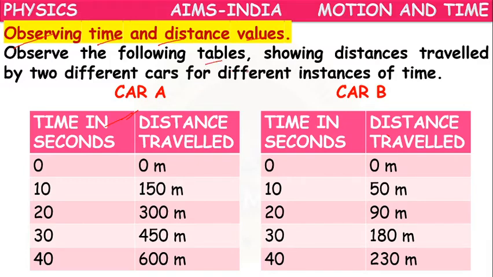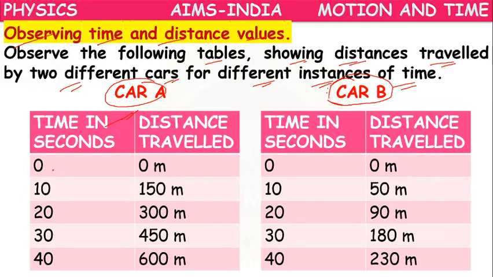By observing the following table, the table is showing distances traveled by two different cars for different instances of time. Means the journey of car A and the journey of car B is given in the table.